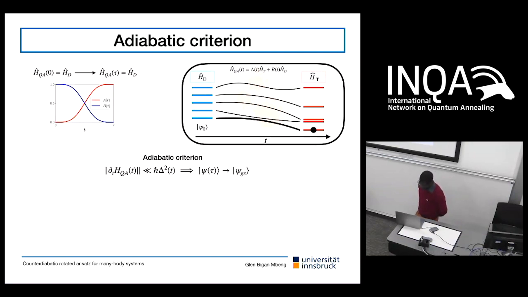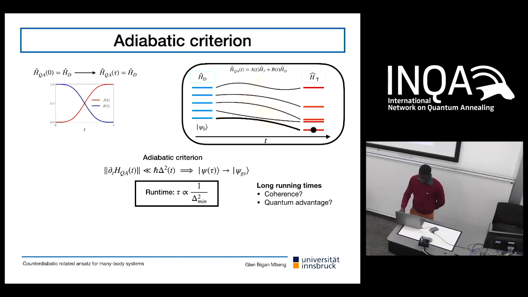Therefore, if we initialize in the ground state of the driving Hamiltonian, we will also be able to solve our problem. When one checks the theorems, at least for the global case, without going to local conditions, the total time will be proportional to 1 over the minimum gap squared.